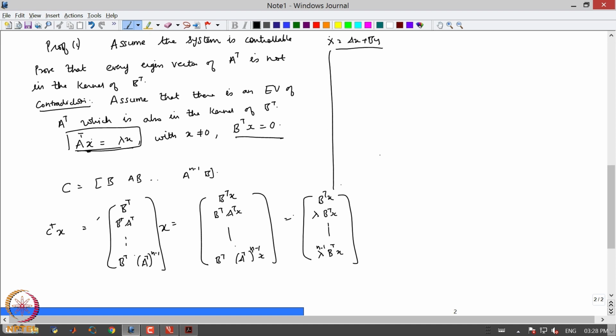Okay. So, what do I know? Well, this B transpose x is 0, that is what I assumed. I assumed that there is an eigenvector of A transpose which is in the kernel of B transpose, which means this will go to 0. If this is 0, then it actually means that C transpose x equal to 0 when x is not equal to 0. Okay.